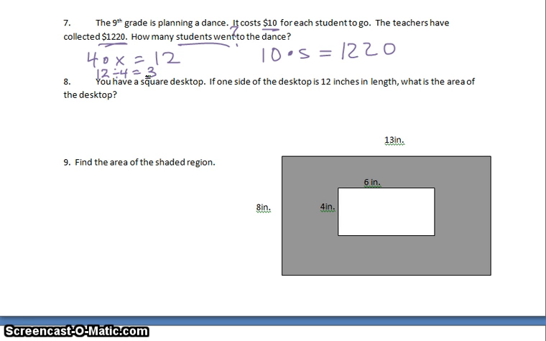Same thing here. If 10 times s equals 1,220, then we could do 1,220 divided by 10 to figure out the number of students. You could use a calculator if you want, or you could do it old school. Just cross out the zeros, and you get 122. So the amount of students equals 122.